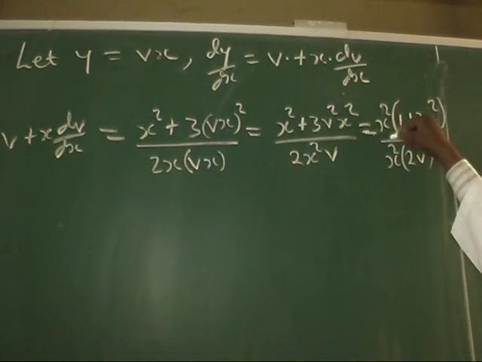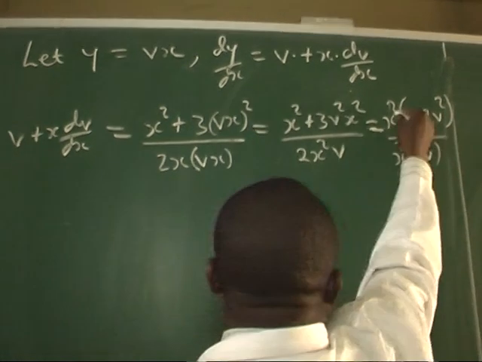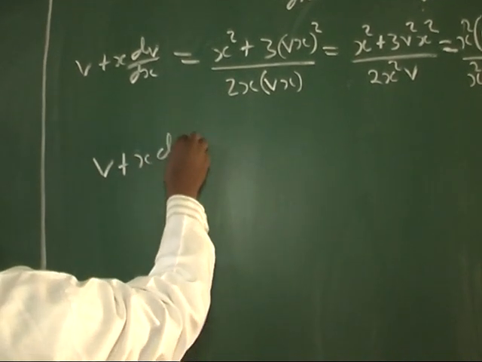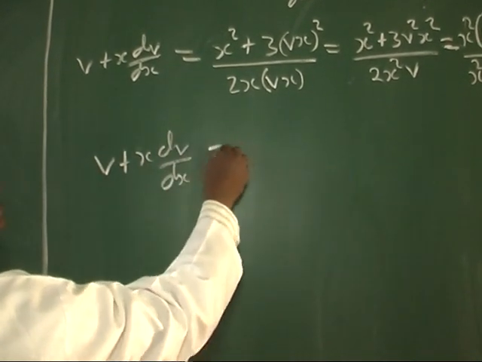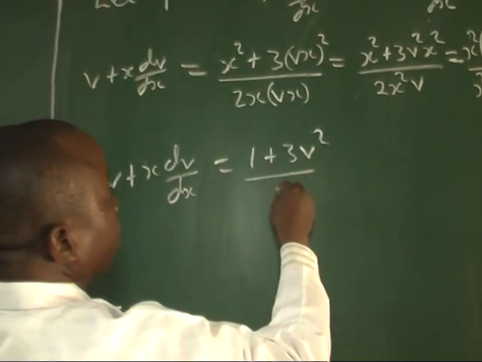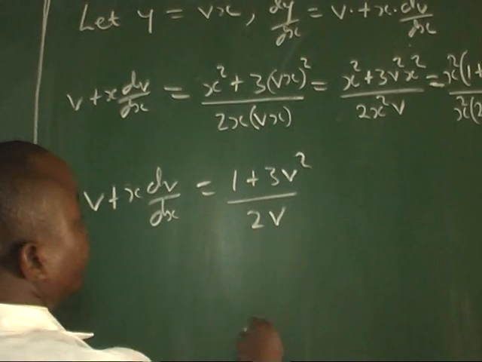So that this can cancel this. If this cancels this, we then have that v plus x dv/dx will be equal to (1 plus 3v squared) all over 2v.